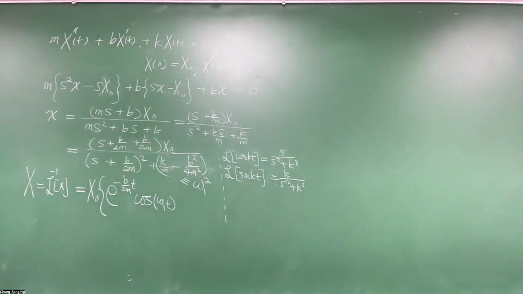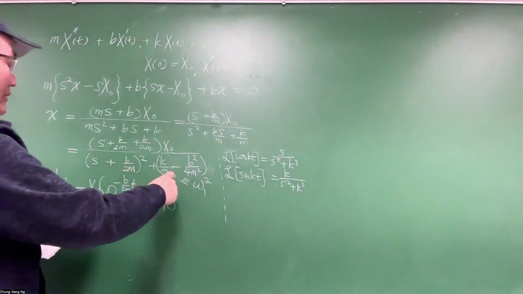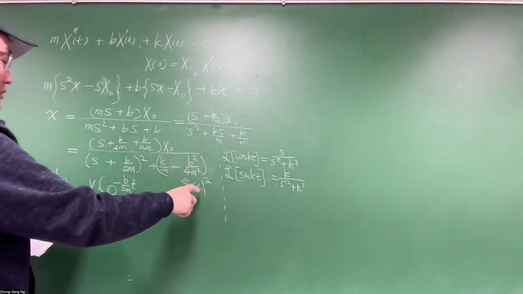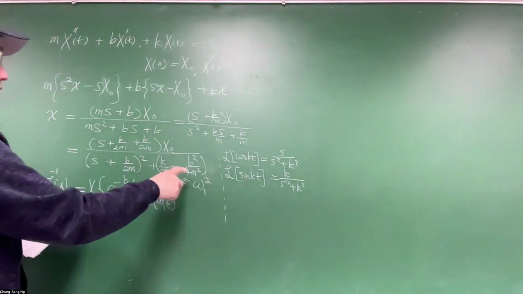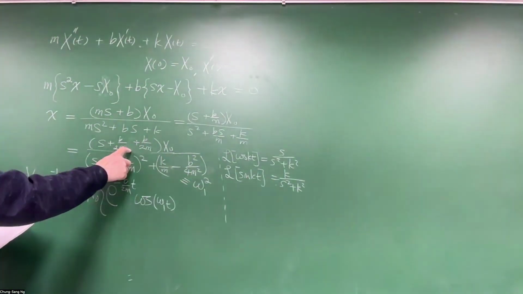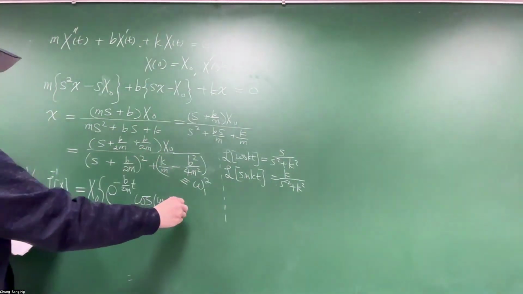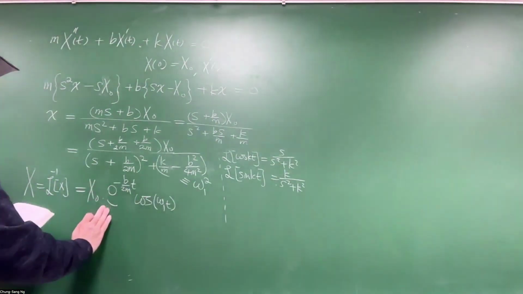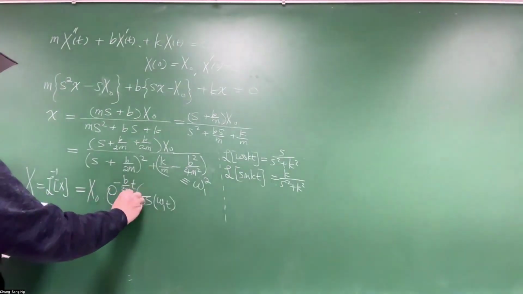So that's the first term. The second term is a constant, but you want to make it like a k, which is omega 1. So you multiply by omega 1 divided by omega 1, right? So both have the same coefficient, so you can get the exponential function out, right?